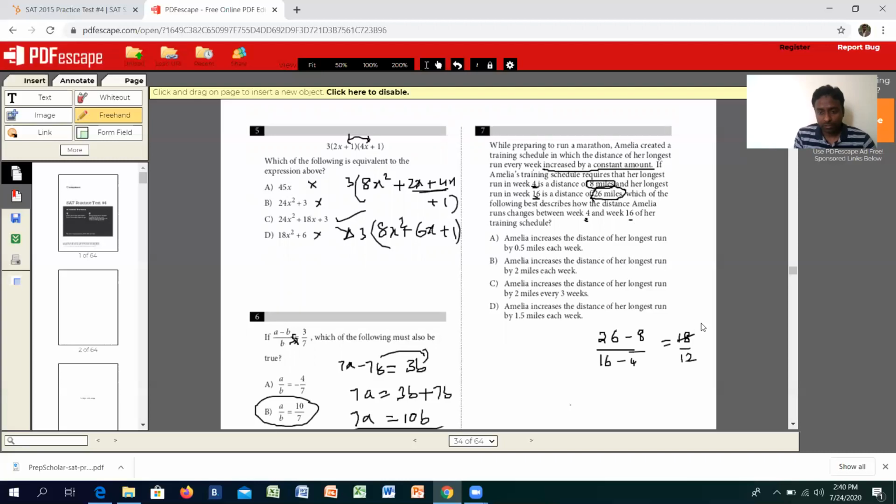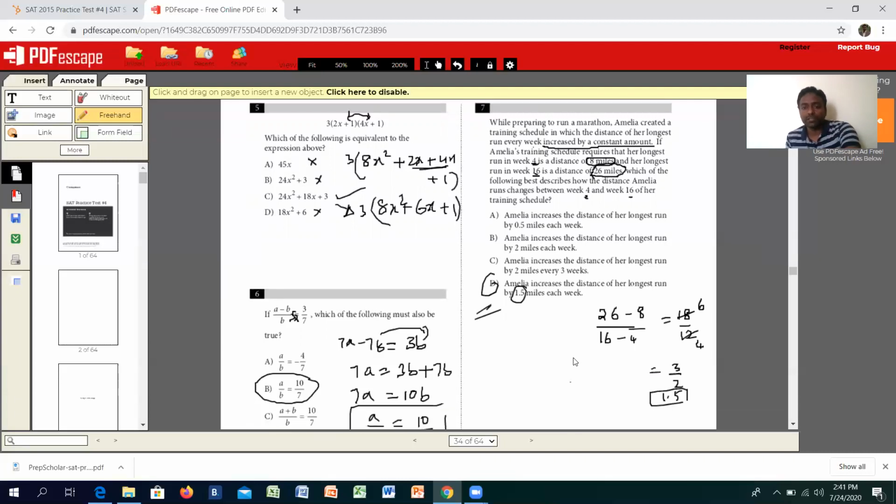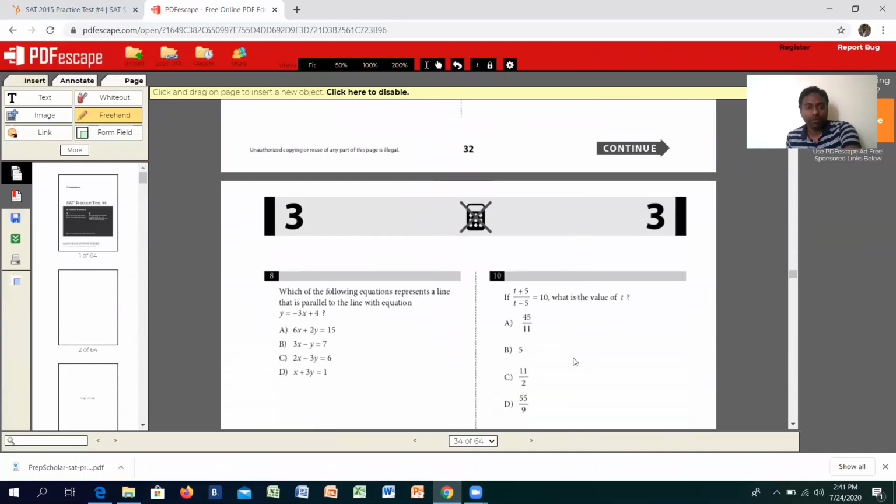It means 3 6s are 18, 3 4s are 12, which will further give you 3 by 2. Upon doing it further, it gives you 1.5. So check where is 1.5. Here it is, bingo. That's your answer. That is how you have to go about it when a question is given. Moving on to the next one.